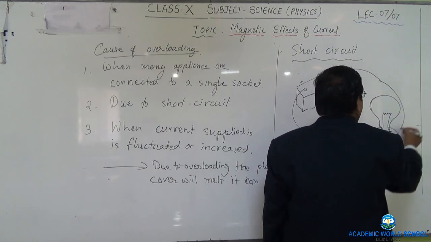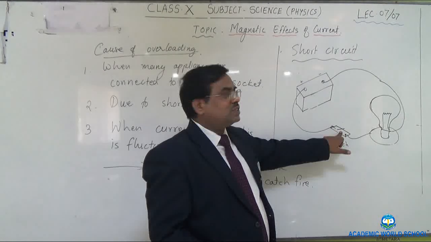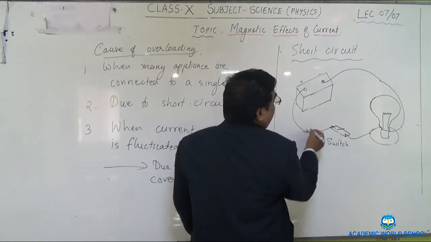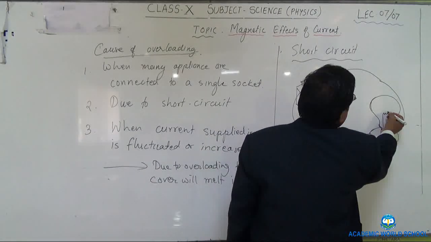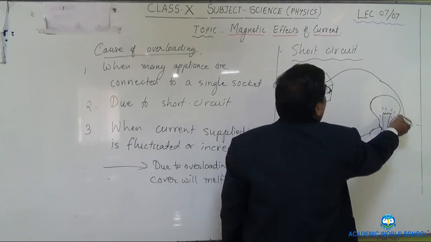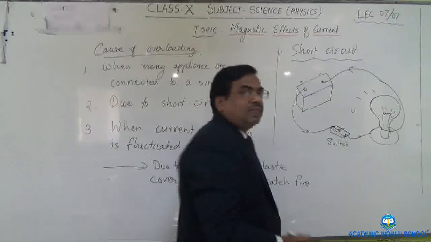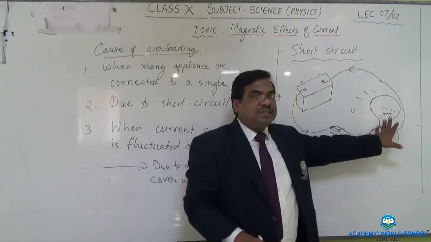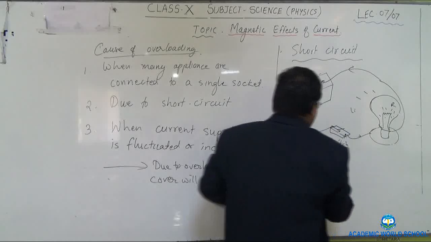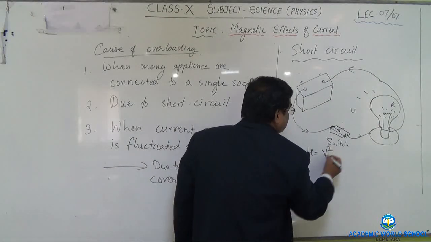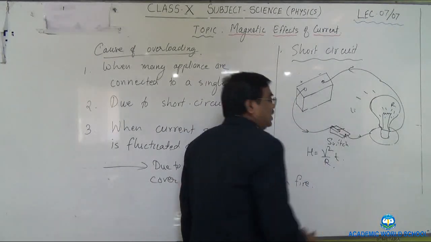When you press the switch, the current from the terminals flows to the switch and passes to the filament. The filament starts to glow and gives you light, and the current comes back. That means there is some resistance where the work is being done. So heat produced is V square upon R into T.